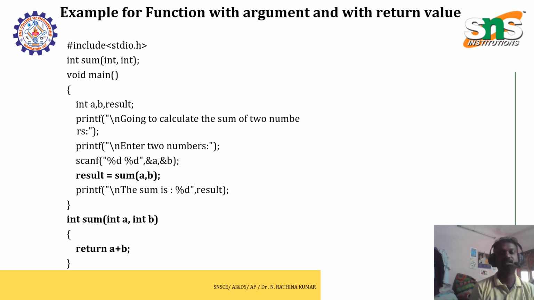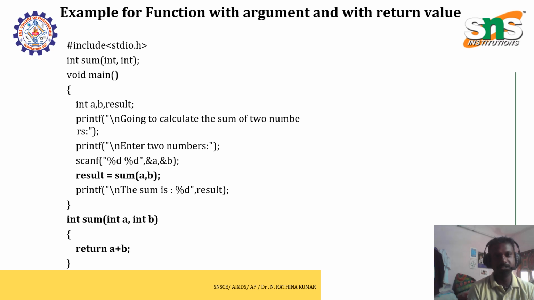And the last, we are going to see the function with argument and with return value. Very simple one. Again, we perform a simple addition operation. Inside the main function, we declare three variables. We get the values from the user and call the function. The control automatically comes to the subfunction. The values of a and b are passed to the parameters.